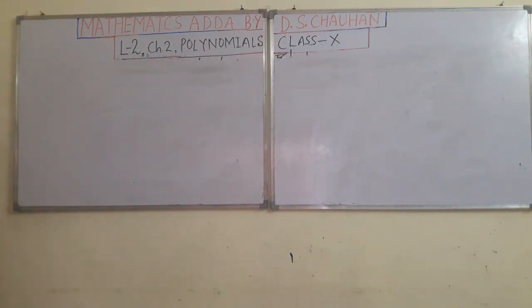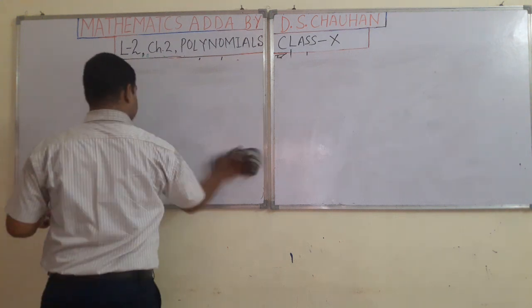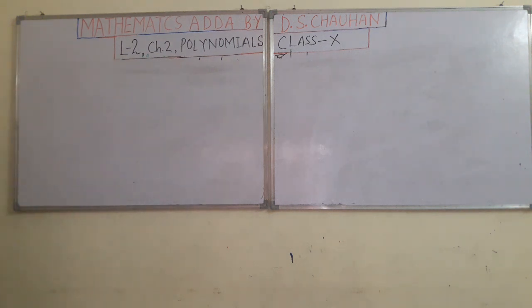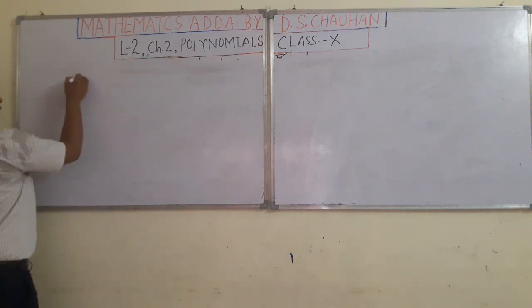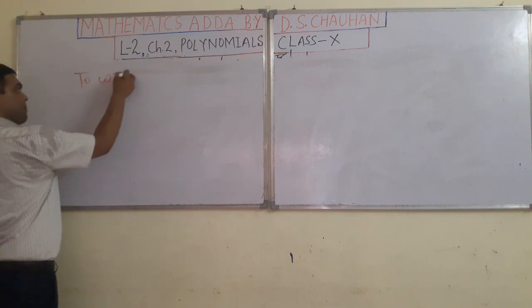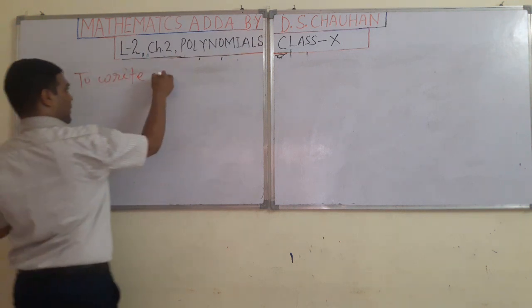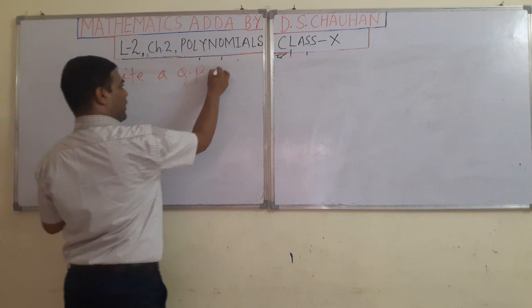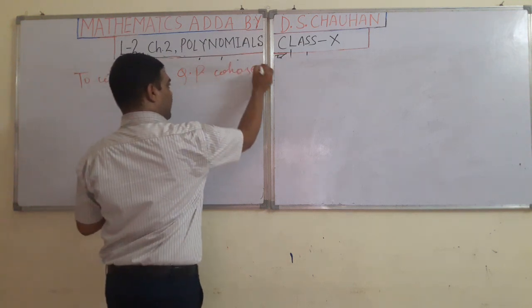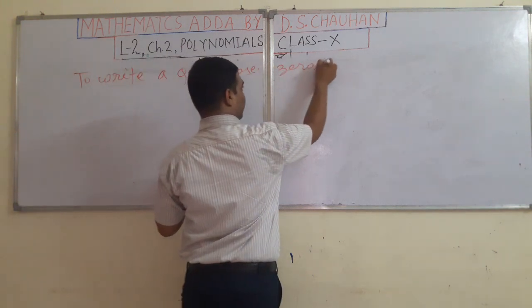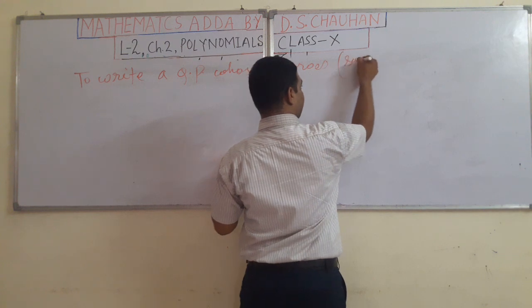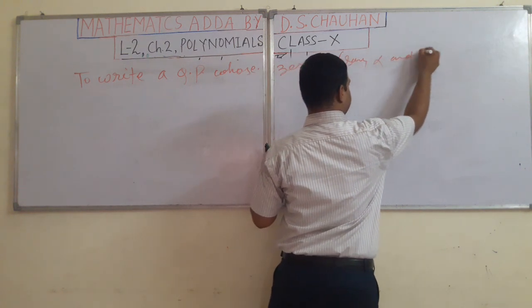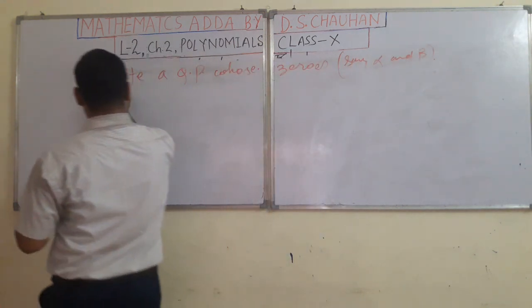See, easily, you can get the things. Now the final thing here is to write a quadratic polynomial whose zeros, say alpha and beta, are given.